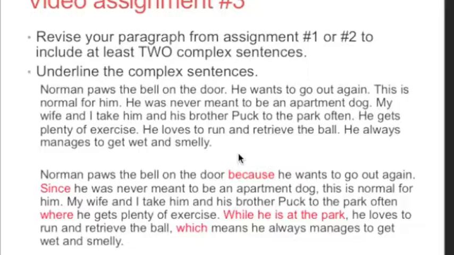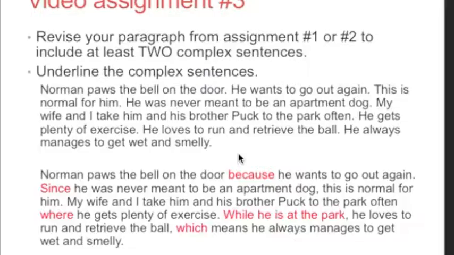And you would reply, because I want to, as if it were a simple sentence. However, remember in standard academic English that because creates a dependent clause. If I were to just write because he wants to go out again, I wouldn't know what the other part of that is, what caused him to want to go out again. Okay, so that's the first complex sentence that I wrote.